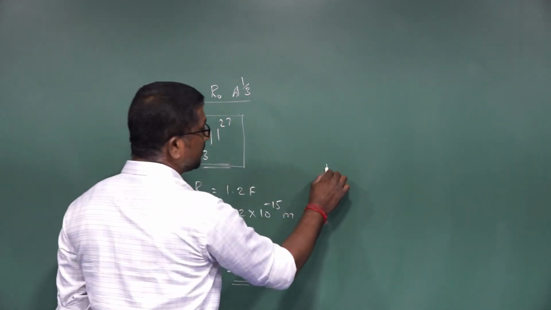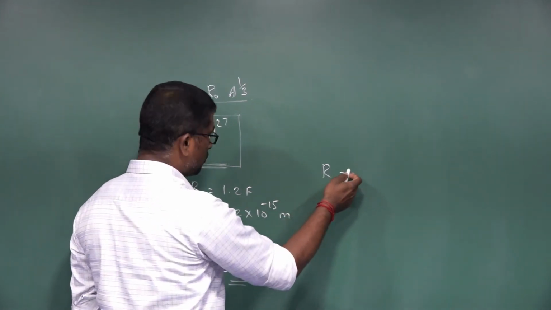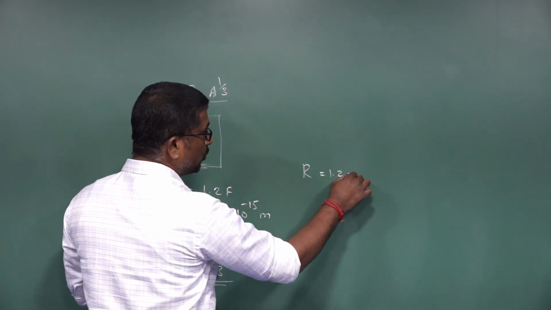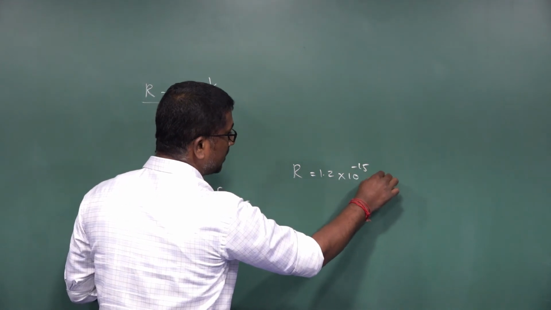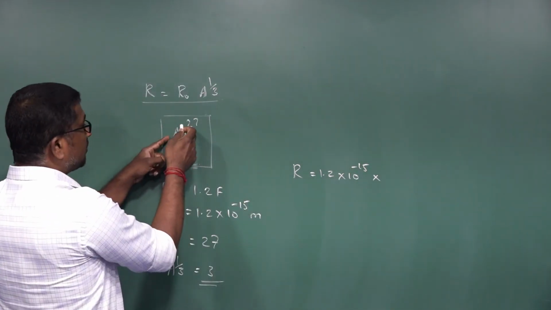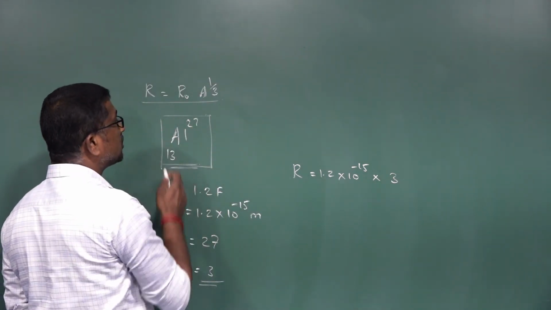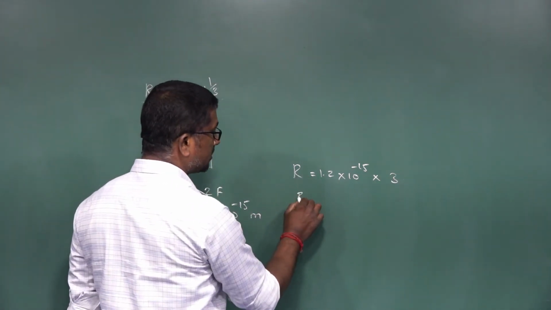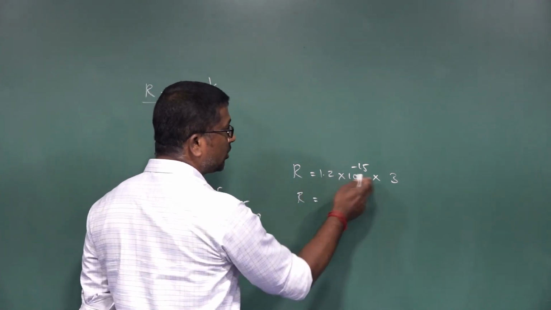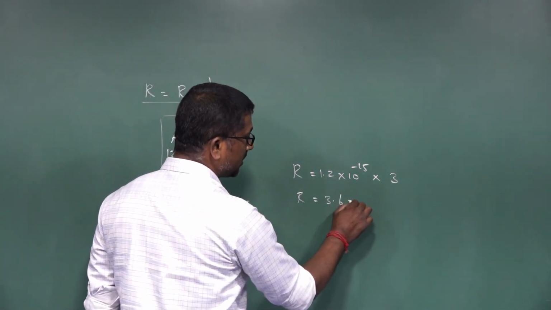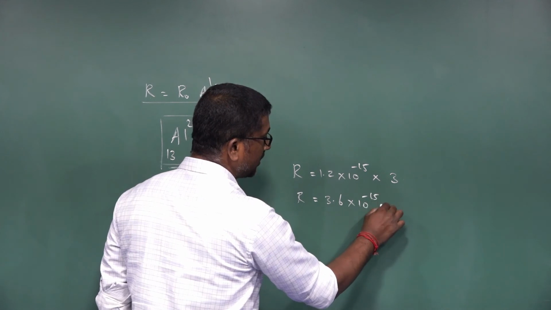Therefore, the radius of this nucleus is R is equal to r0 value 1.2 into 10 power minus 15 into cube root of 27, which is 3. Therefore, the radius of the nucleus is 1.2 into 3, 3.6 into 10 power minus 15 meter.